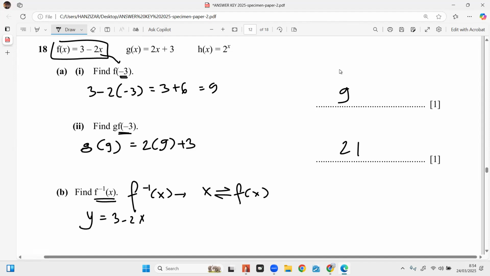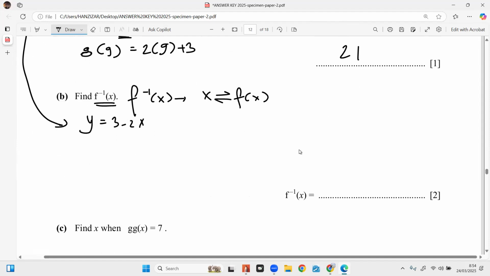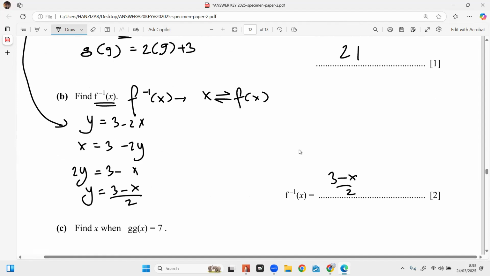You just copy paste this and switch between x and y. X equals 3 minus 2y. You just flip over and then find y as the subject. 3 minus x, so y equals 3 minus x over 2. Write down. Okay, that's it.